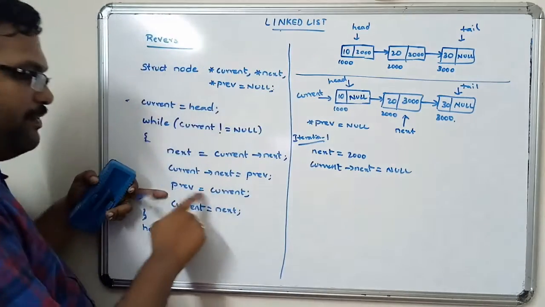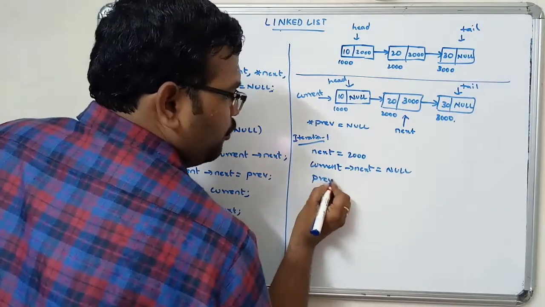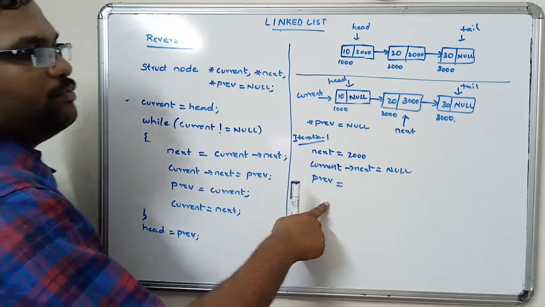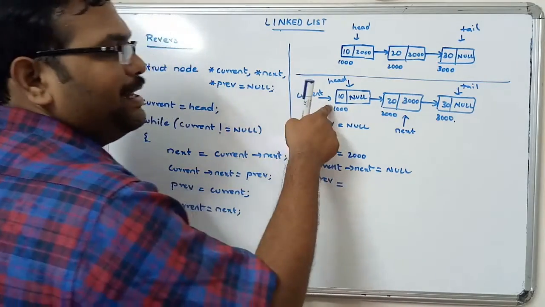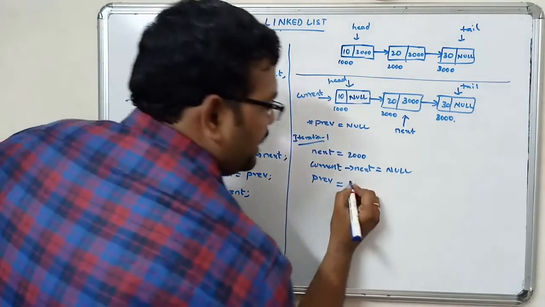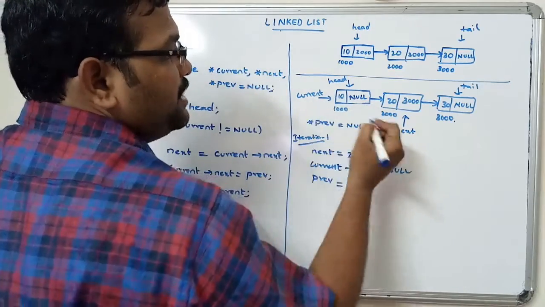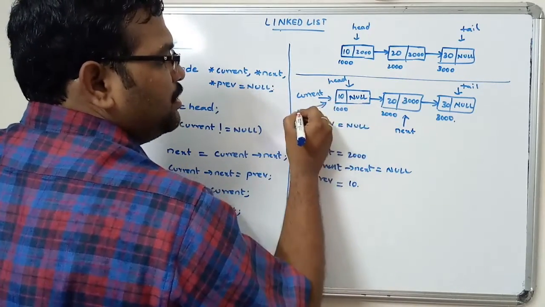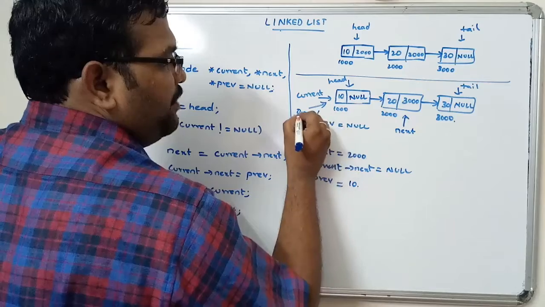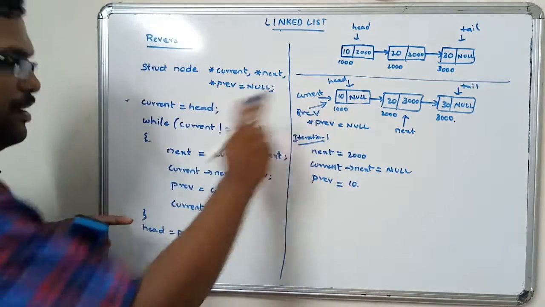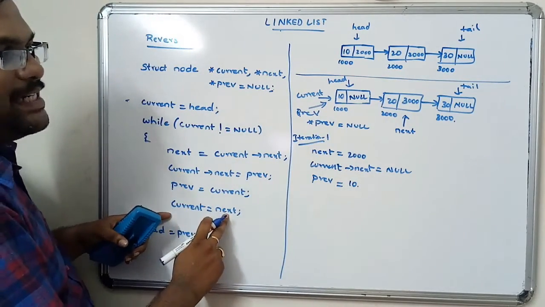Right. Now previous is equal to current. What is the current one? 10 is the current. Right. So previous is equal to current, so this is previous. Right. Next, current is equal to next.